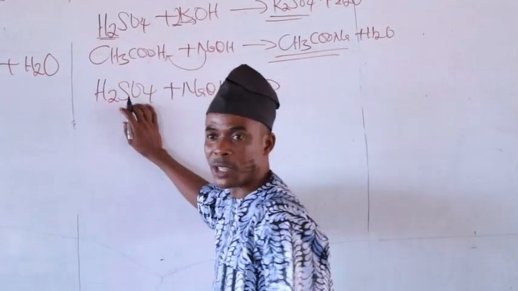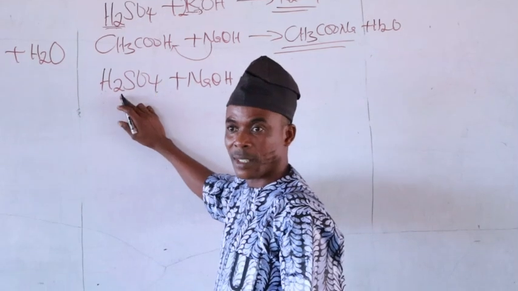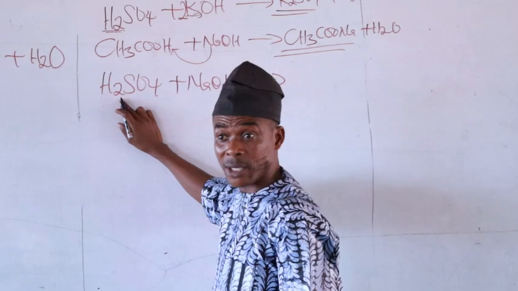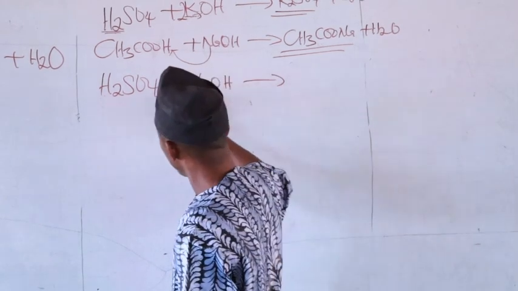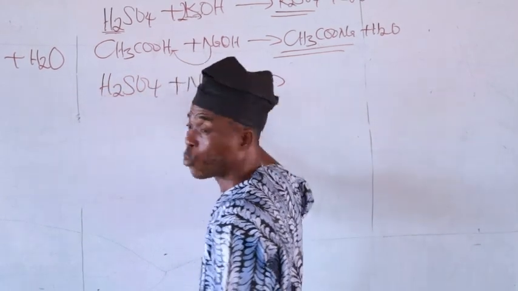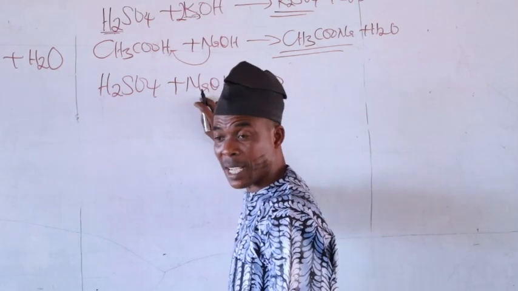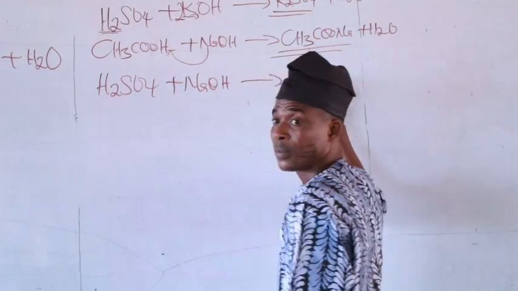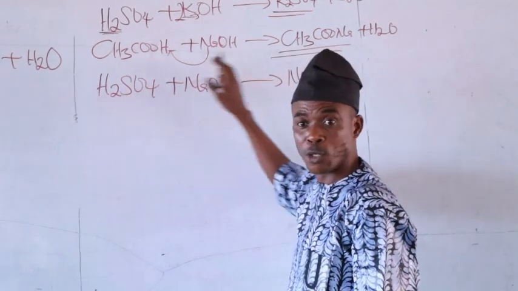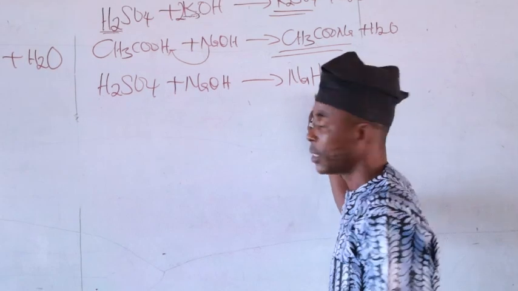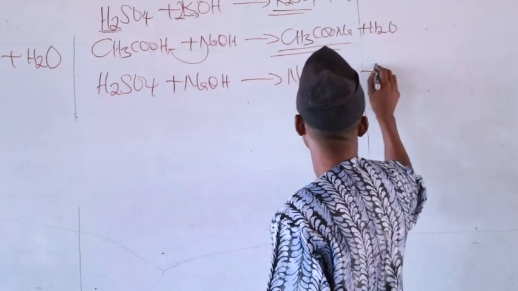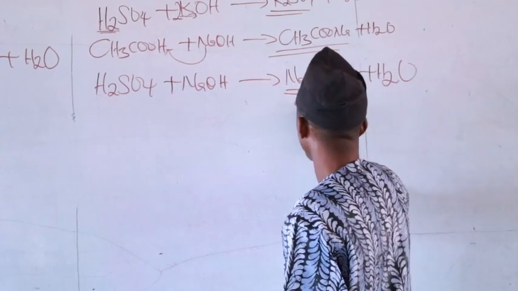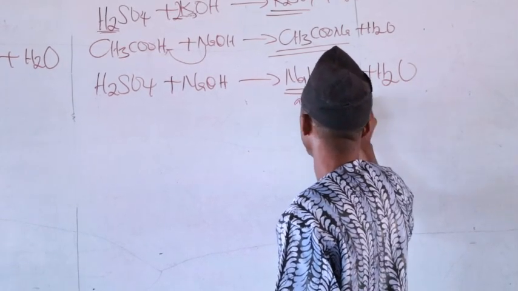This is a dibasic acid. This acid has two replaceable hydrogen ions, right? If one of its hydrogens is replaced with sodium, which is a metal, we are going to have NaHSO4 plus H2. That means out of two, one is gone with what? Metal. Then you have SO4 plus H2.